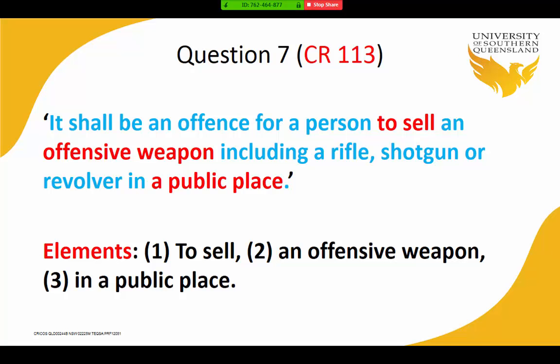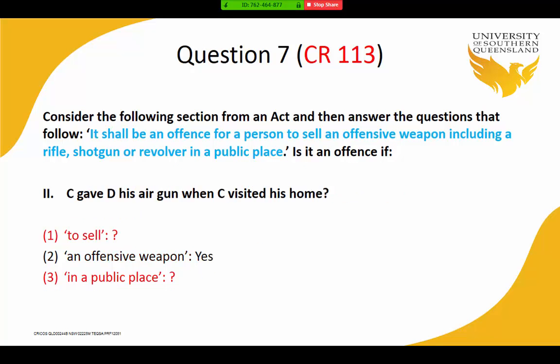Yes, because this is private property. Yes, because here we talk about a home. We're talking about giving him the air gun when C visited his home. So you can start seeing now, this is the second one. Most likely you find a problem with to sell. So you have to argue that this was a selling, and then you have a problem in public place.